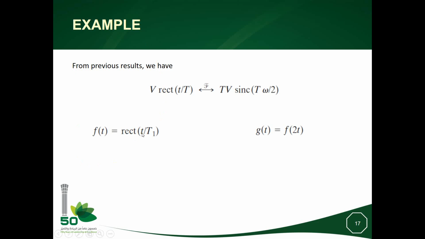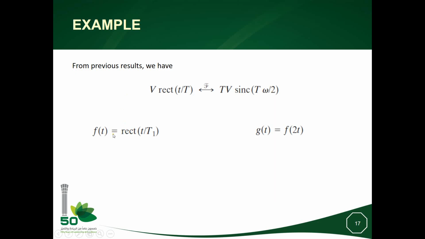So it is a difference between two step functions. We have already proved this relation: any rect function of any duration T multiplied by v has the Fourier transform vT sinc of T omega divided by 2.